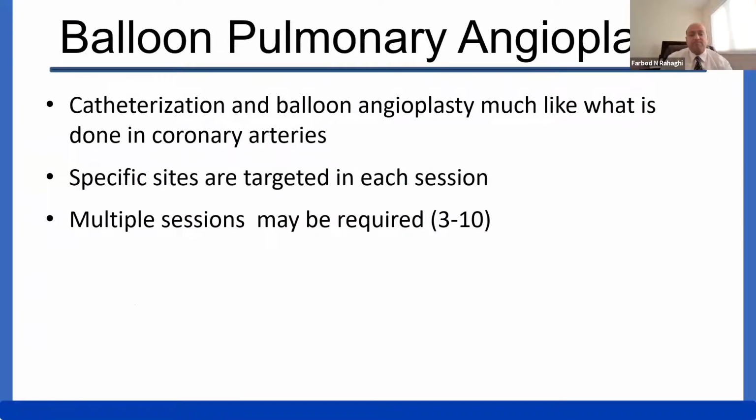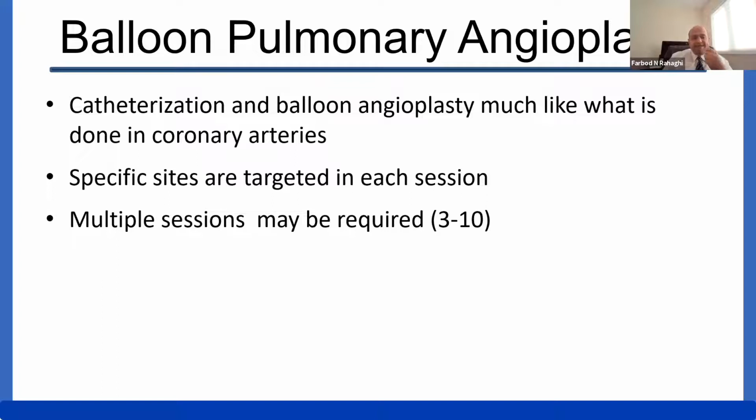So, what is balloon pulmonary angioplasty? Much like what they do in the coronaries, where they take a catheter, go through the blockage, and then open up a balloon to squish the blockage into the walls, this is the same essential process.